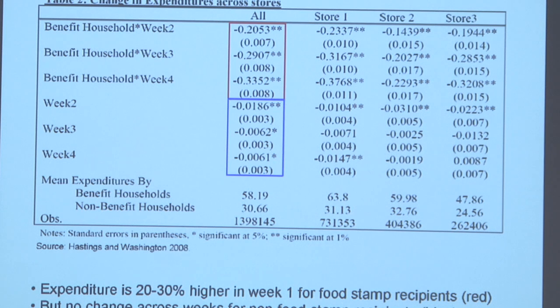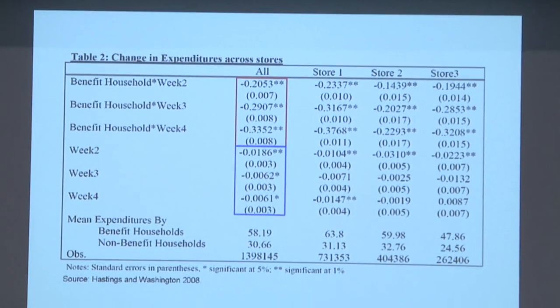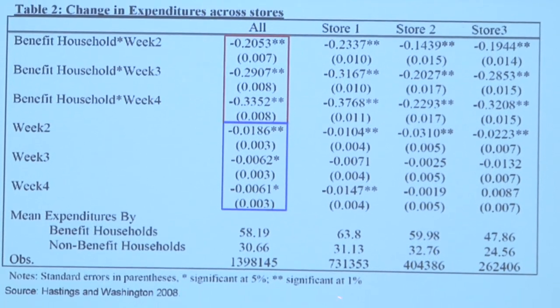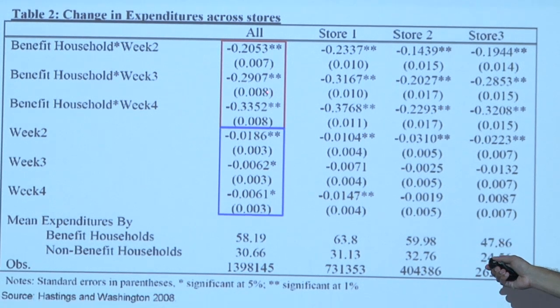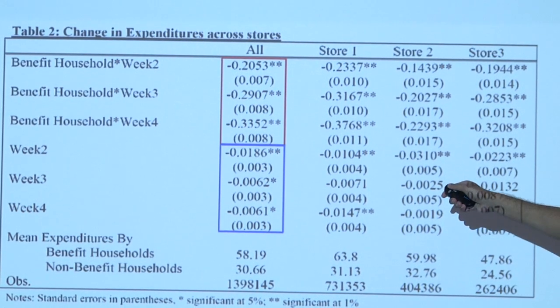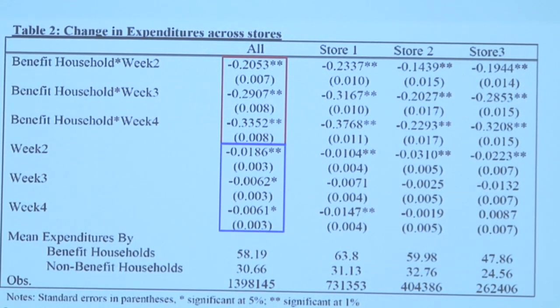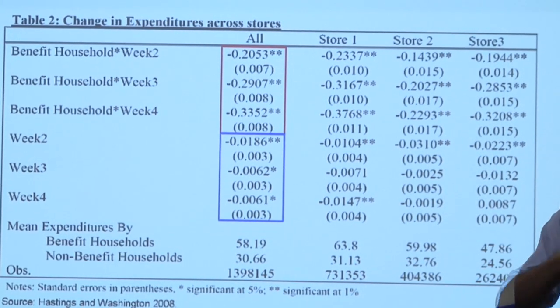Okay, so here's the first result on changes in expenditures across stores. You can see this non-parametric regression with dummies. And let's talk about the red box first. The way to interpret these coefficients in the red box is by what percentage does expenditure fall in weeks 2, 3, and 4 relative to week 1, which is the baseline excluded week where, by construction, the coefficient is 0, okay, right?